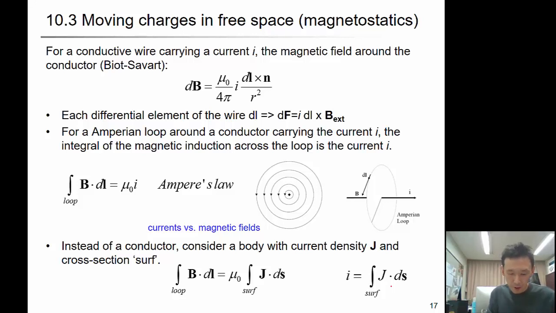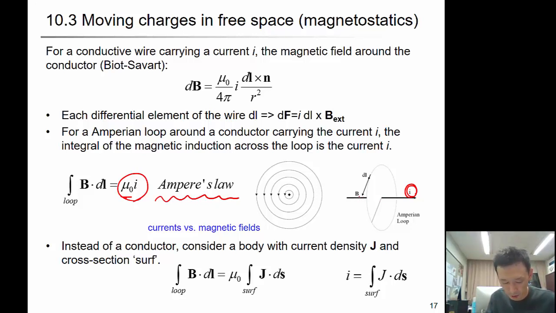Here, this slide finally derives Ampere's law. So the line integral of the magnetic induction is equal to mu times the current I. So if you have I, where the charge is moving at a constant velocity, then it creates the magnetic induction B, like a magnetic field.